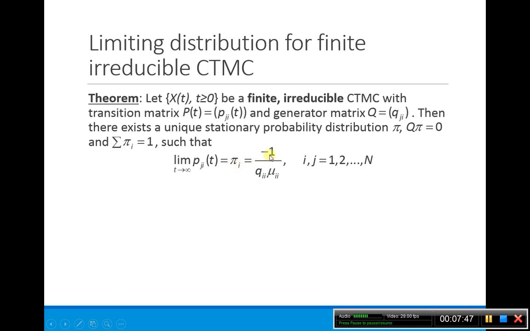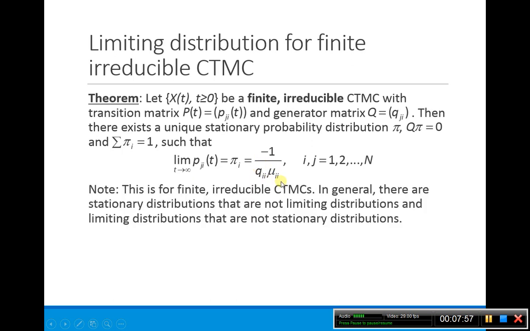And this is going to be equal to -1 over q_ii, the diagonal element of our generator matrix, times mu_ii. I'm going to tell you what mu_ii is in just a second. But I want to stress that this is for finite irreducible continuous time Markov chains.